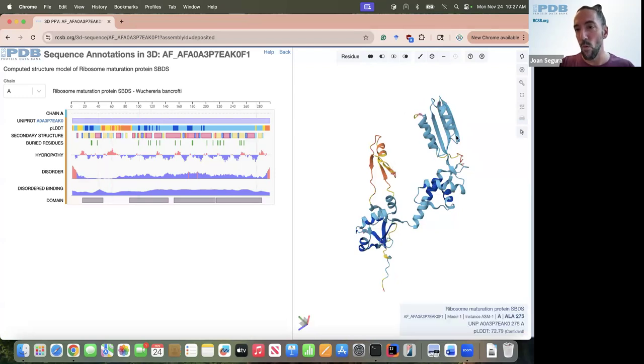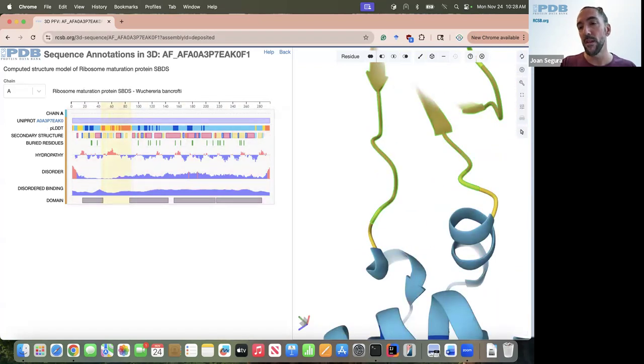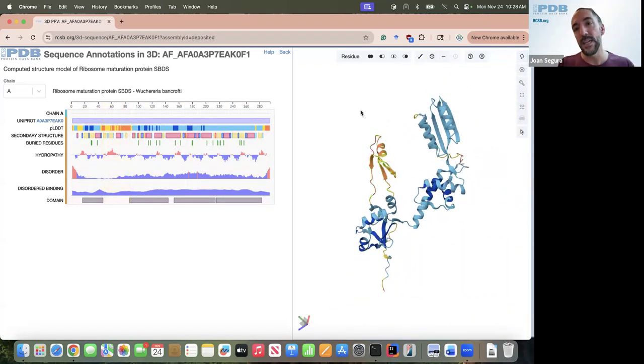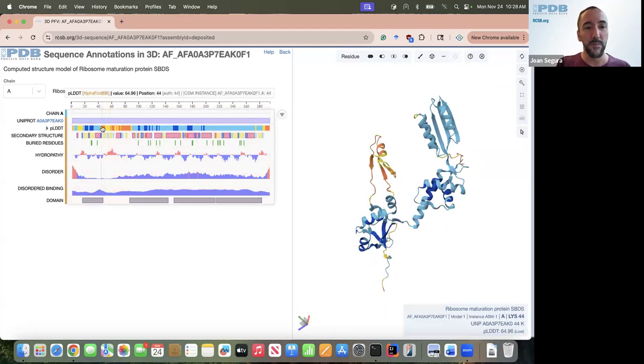One here, another here, another here, and another here. If we look at this region here, I think this is one of the useful things about the 1D, 3D.